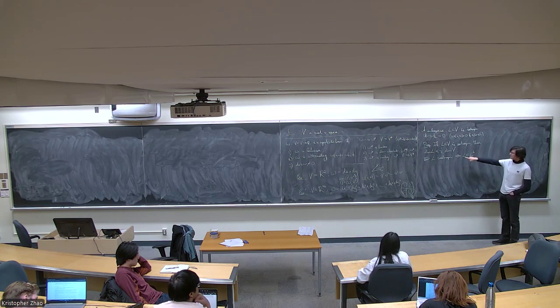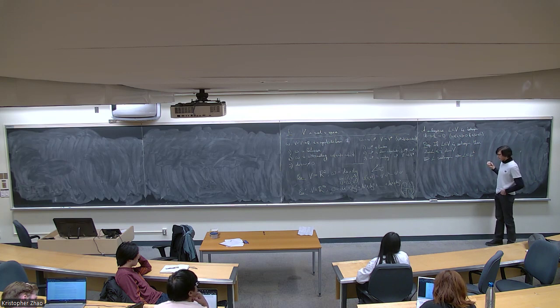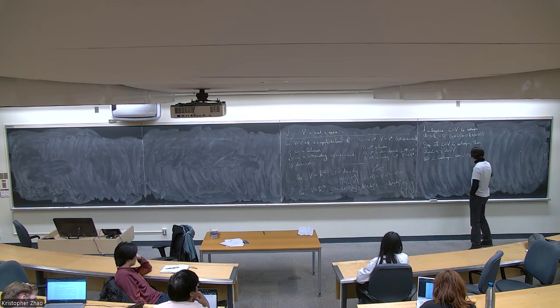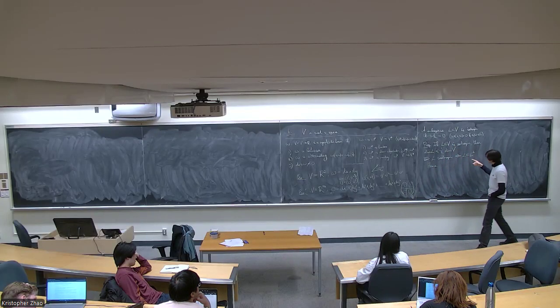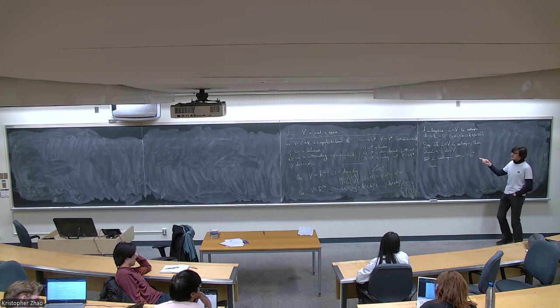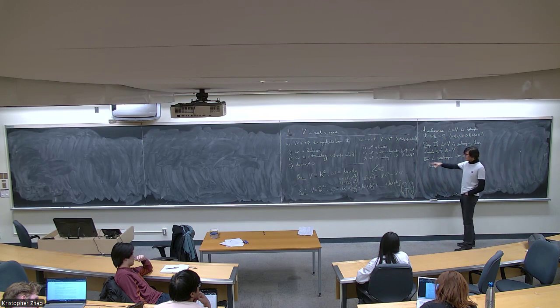Because if you pair any vector of L with any other vector of L, you'll get 0. The orthogonal complement consists precisely of all vectors that pair with all vectors from L by 0. Therefore, the dimension of this orthogonal complement is equal to the dimension of V minus the dimension of L, because the form is non-degenerate.